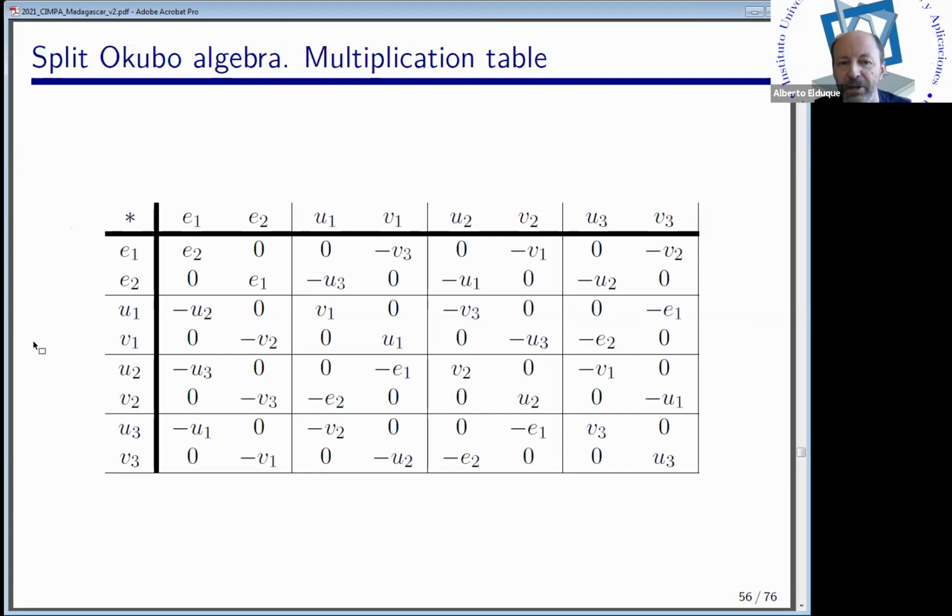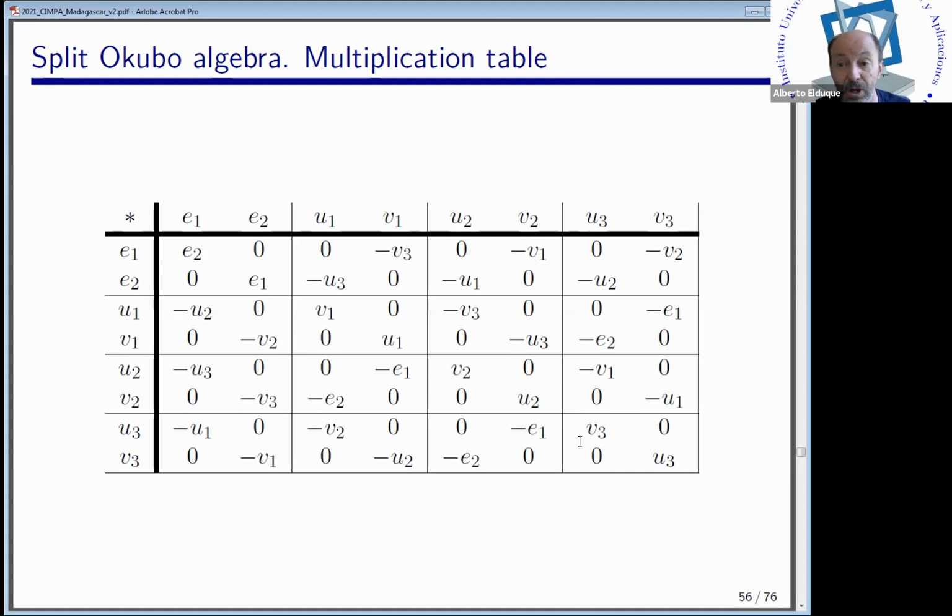And well, this is the multiplication table of the split Okubo algebra using the same basis, although I have reordered things. So here I have U1, U2, U3, and I have reordered these things because in the split Okubo algebra, we have a subalgebra spanned by the idempotents, but we have an isomorphic algebra, subalgebra, spanned by U1 and V1, and another isomorphic algebra spanned by U2, V2, and another isomorphic algebra spanned by U3 and V3.